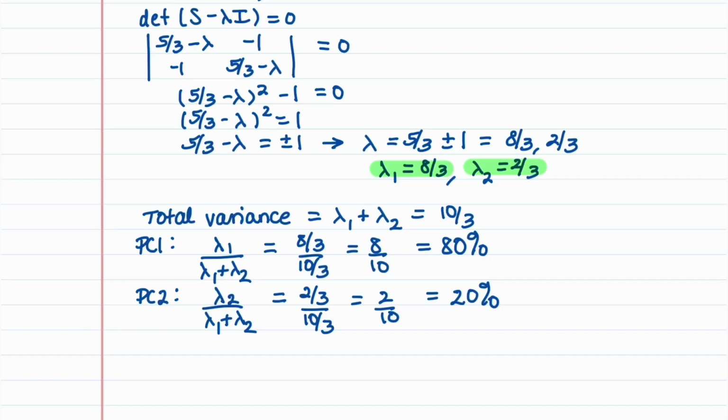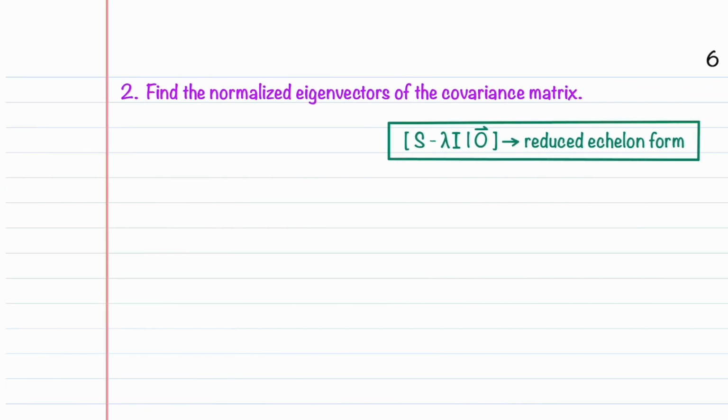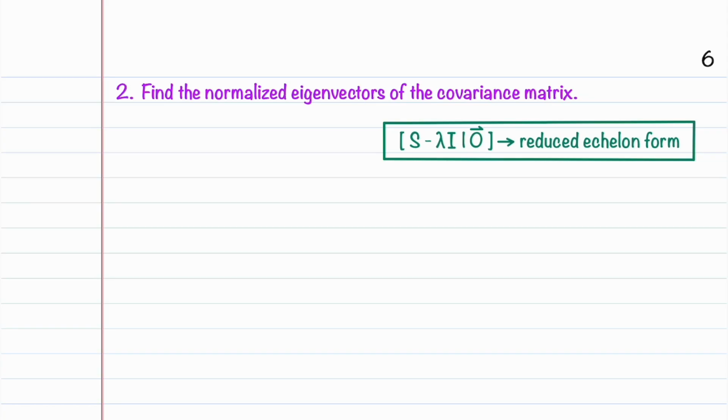Now that we know the eigenvalues, we can find the normalized eigenvectors of the covariance matrix. Over here on the right, I have written down how we go about finding these eigenvectors. Our covariance matrix S, once again, is [5/3, −1; −1, 5/3].